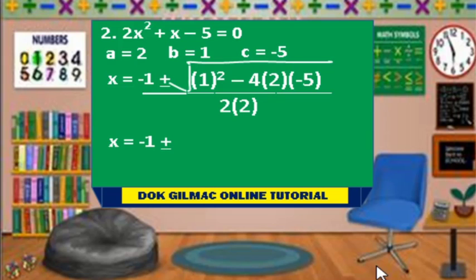From here, we have negative 1 plus and minus the square root of, take note, 1 squared is 1, minus 4 times 2 is 8 times negative 5 is positive 40. So we have square root of 41 all over 4.